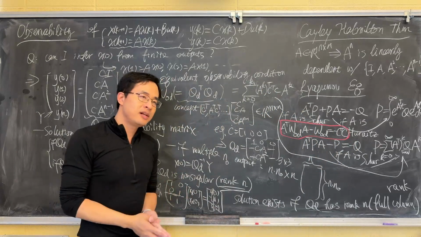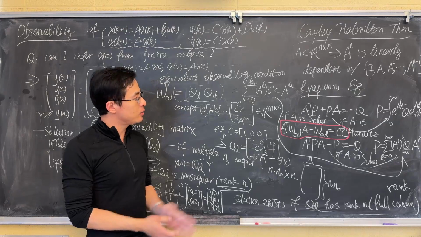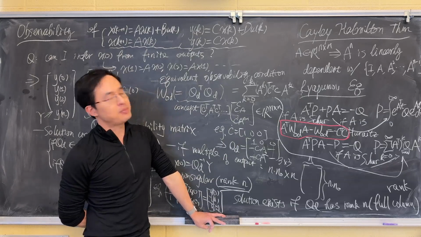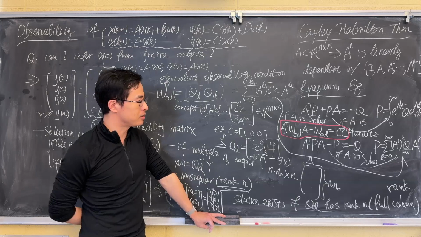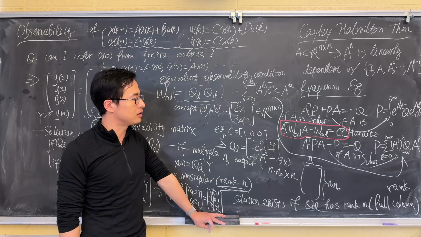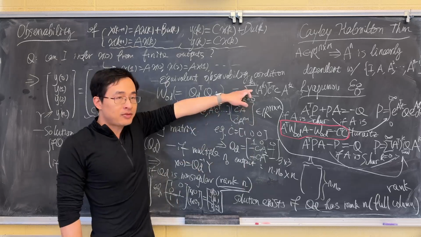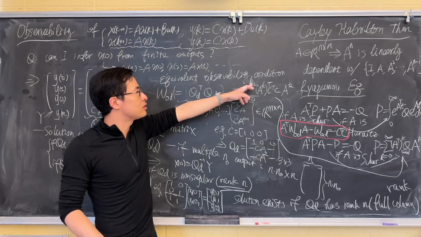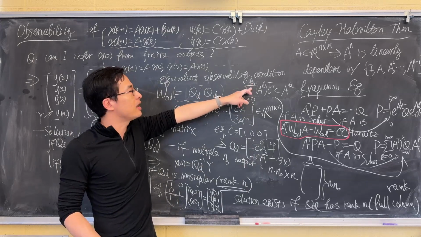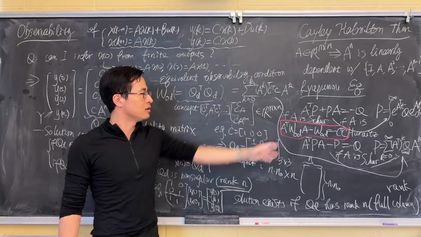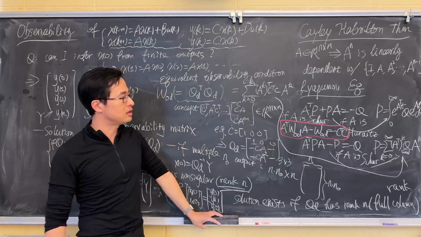So the observability Gramian, when the system is stable, can be solved from this Lyapunov equation. A transpose W_OD A minus W_OD is negative C transpose C. So you don't have to numerically just try some number K1 until you find this product becomes non-singular. You can solve this and immediately have an answer.